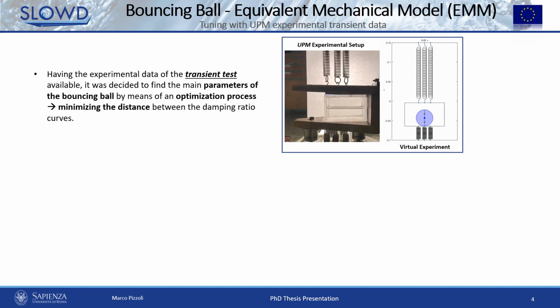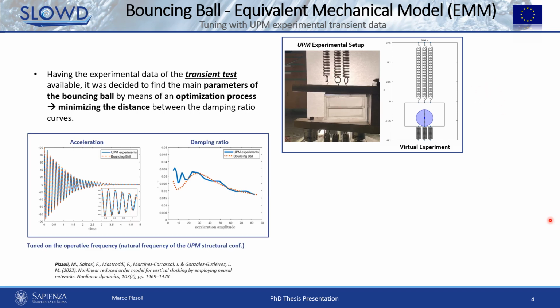The bouncing ball was identified on the basis of experimental free response data made available by the Universidad Politécnica de Madrid. And here we can see the experimental setup, and the identification was done through an optimization process aimed at obtaining a model capable of reproducing the same damping characteristics as those measured experimentally.